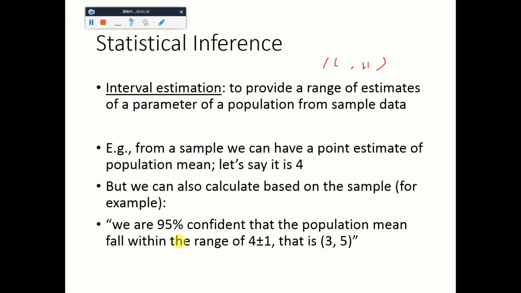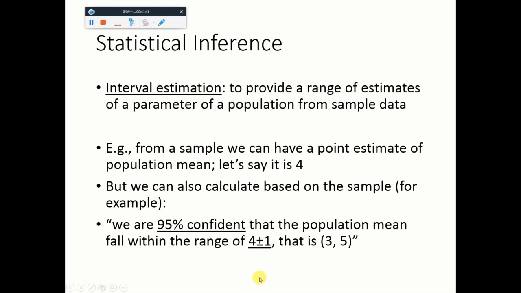That is, we're 95% confident that the true population mean will be anywhere between 3 and 5. It could be 3.5, it could be 3.9, it could be 4, right? But we're fairly confident, in this case 95% confident, that it will be somewhere between these two numbers.